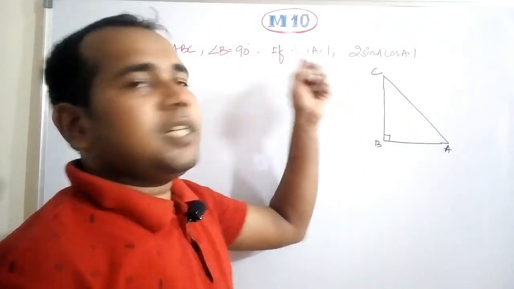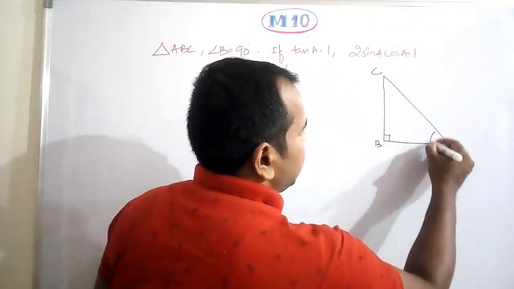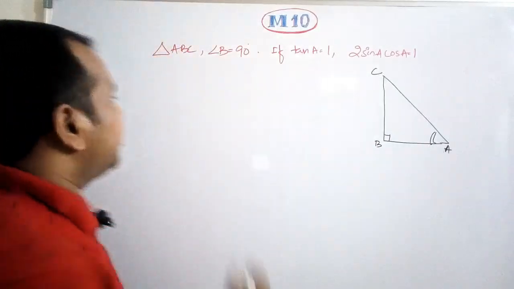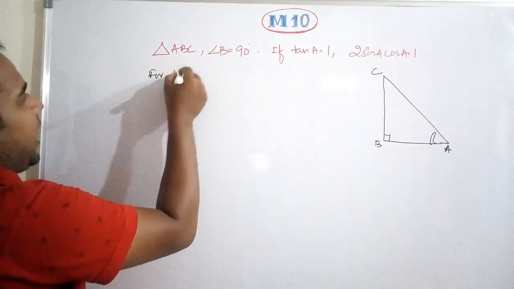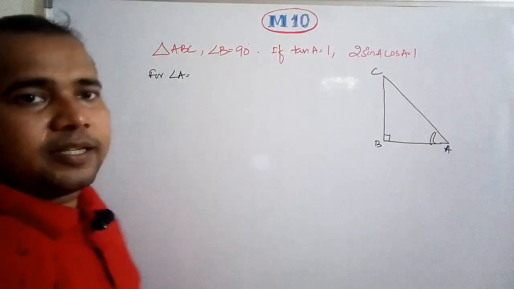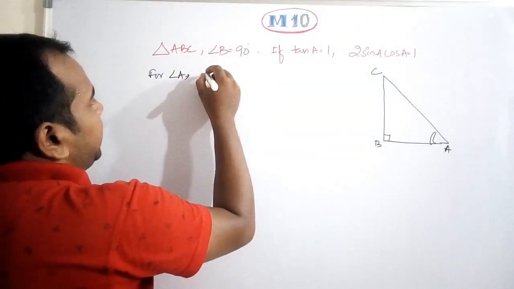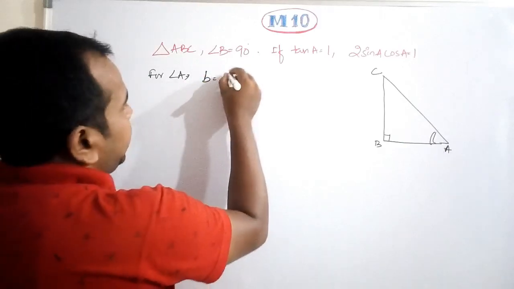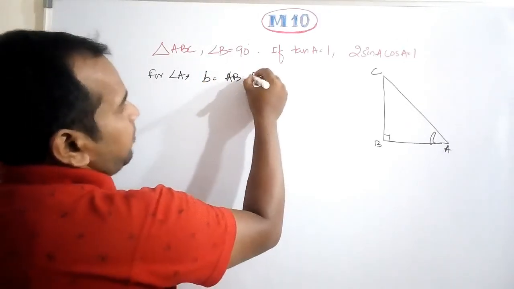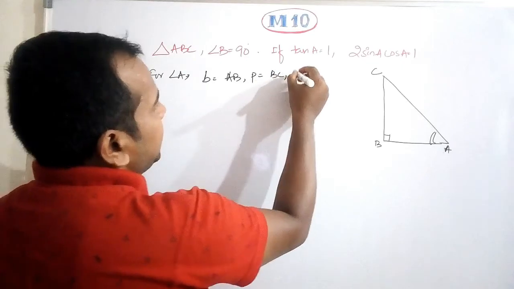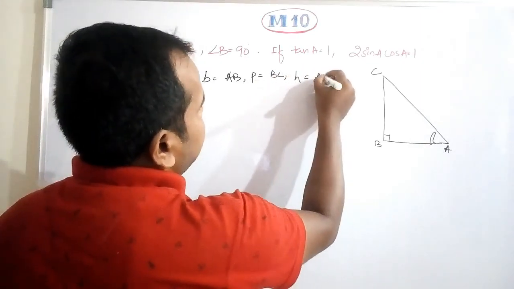So here we have considered this angle A. Now for angle A, what is the perpendicular and what is the base? Base is your AB, perpendicular is your BC, and hypotenuse is your AC.